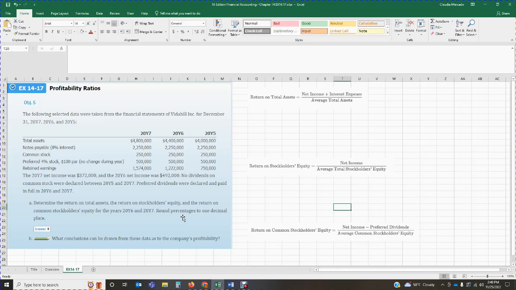Now, all of these different ratios are calculated so we can evaluate different information and, based on that information, make the best decision possible. Okay.